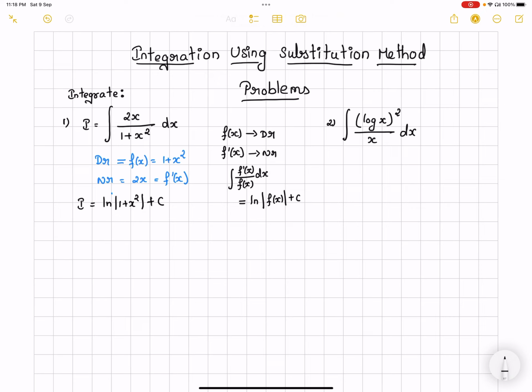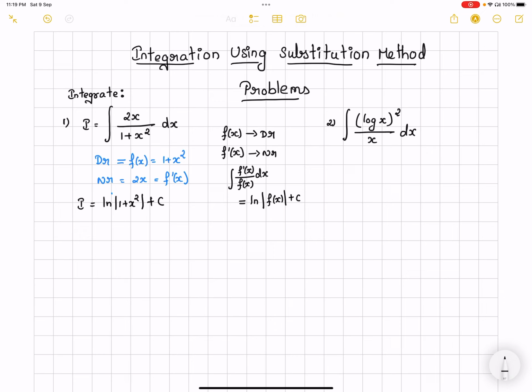Whenever you're doing a substitution problem, you need to check one more thing. You need to look at what you differentiate, whether numerator or denominator. It's up to you. When I differentiate a part of a question, I need to get the remaining part of my question. That is how we do it in substitution.